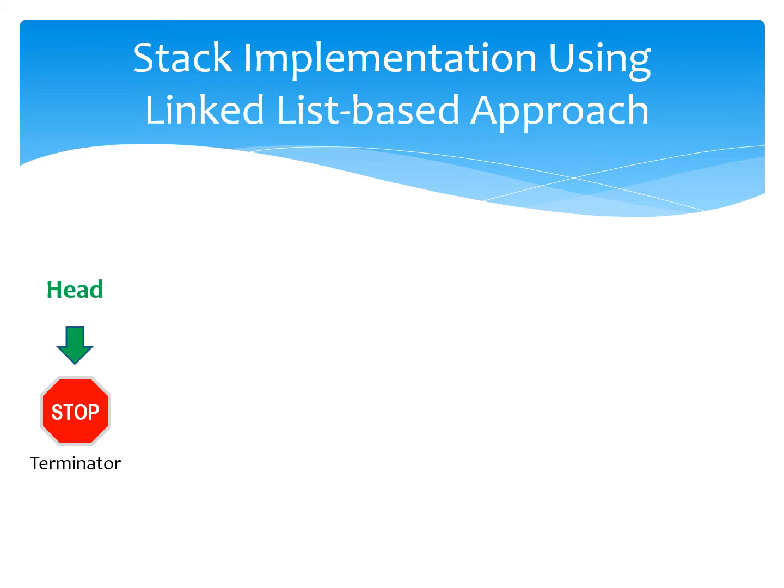Second, we create a method pop that retrieves the data from the head of the list and then removes the head node. Third, we create a method pick that retrieves the data from the head of the list without removing the head node.